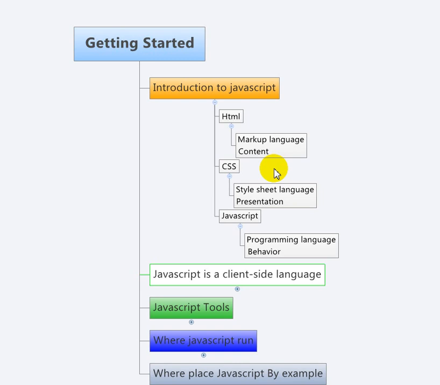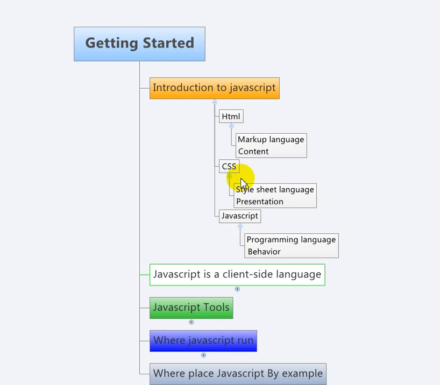So, HTML. HTML is a markup language used to create web page content. CSS is a style sheet language, and we use it to make our content more beautiful.